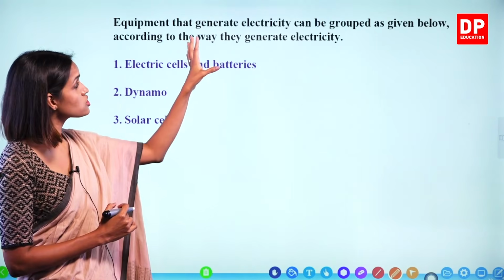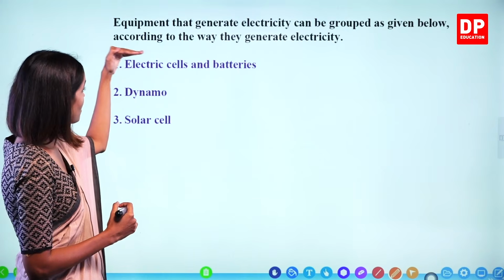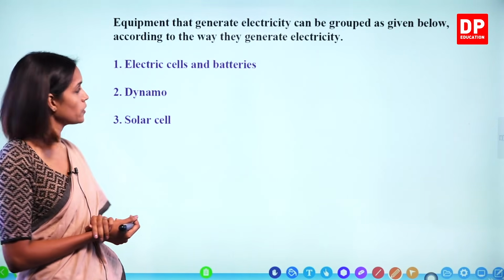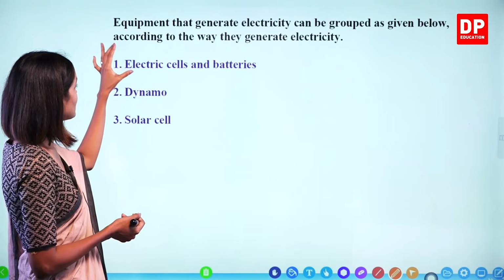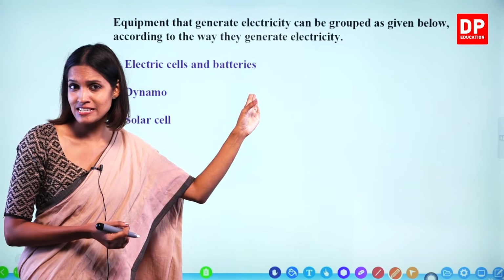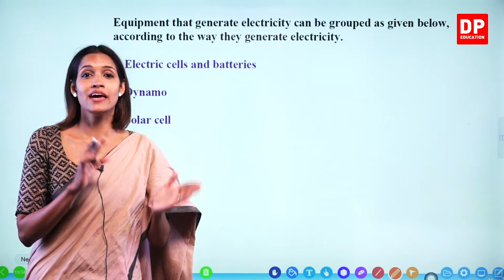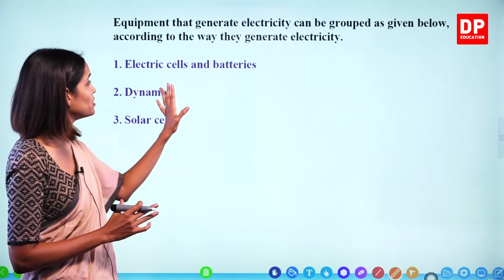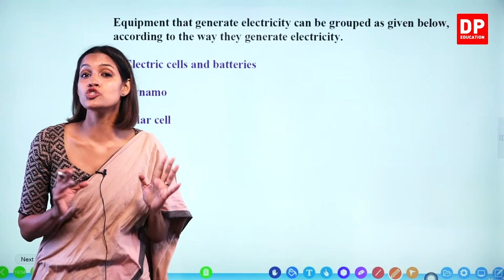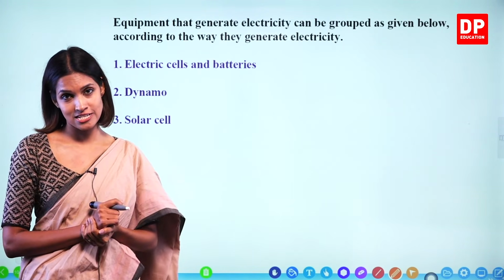Based on the way they generate electricity, we can divide all these sources into three main groups. Okay, so what is the first group? Electric cells and batteries. So how do they generate electricity? Do you remember I explained about the car battery or vehicle battery and about dry cells? I told you they use chemical substances to generate electricity. It means using chemical reactions, these types of sources generate electricity.